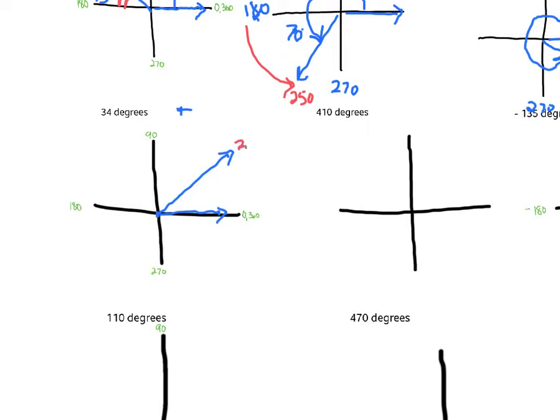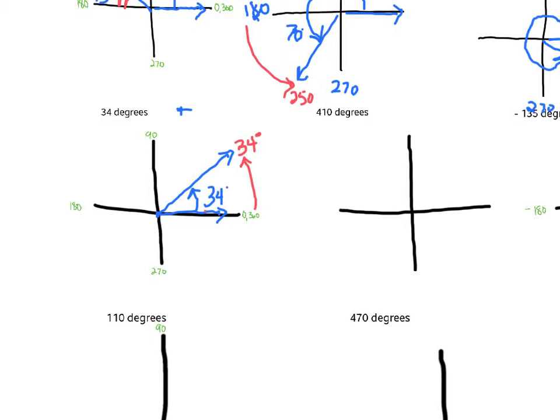If this is 34 degrees, the reference angle takes us to the closest x-axis, so it'll be that guy there. So my rotation goes here, and this angle, the reference, is in fact the measure of the angle. That will happen for acute angles in quadrant 1.